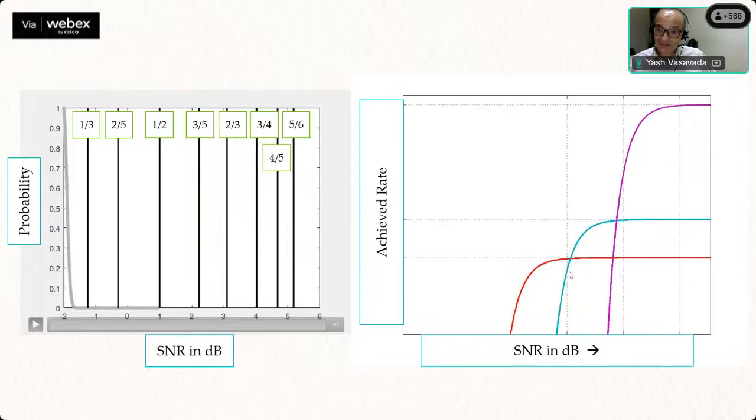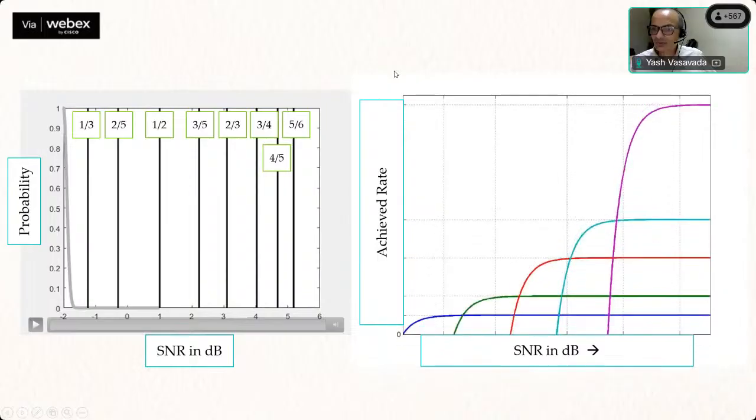The benefit is that with that extra layer of protection, you can tolerate lower SNR, but the achieved rate becomes smaller. If the SNR still keeps on falling, you can go to lower and lower data rates, all the way to maybe this blue one, where you've gone maybe to a rate as low as 1/3 or even less.